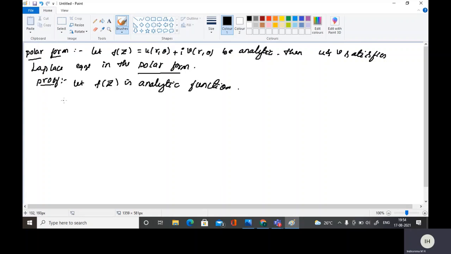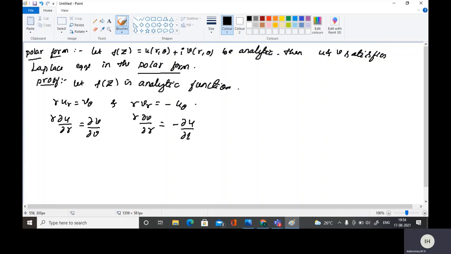What are the CR equations in polar form? r u_r is equal to v_theta and r v_r is equal to minus u_theta. That is, r into ∂u/∂r is equal to ∂v/∂theta, and r into ∂v/∂r is equal to minus ∂u/∂theta.